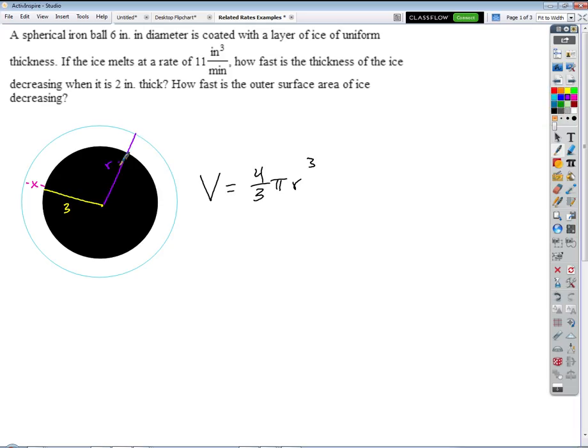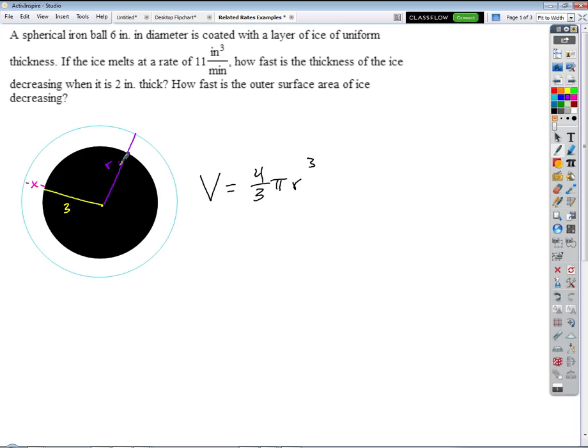Because wouldn't you agree that as the ice melts, x and r are going to be changing at the same rate? As the ice melts and the overall radius shrinks, let's just say hypothetically that the outer radius is changing at a rate of 1/10 of an inch per minute.